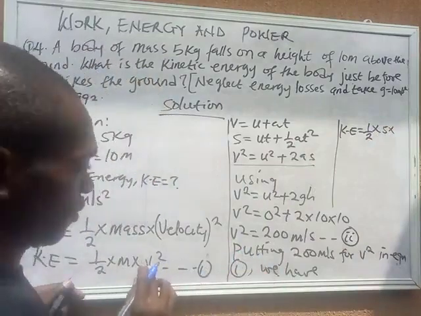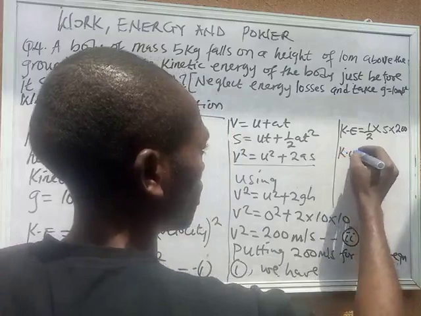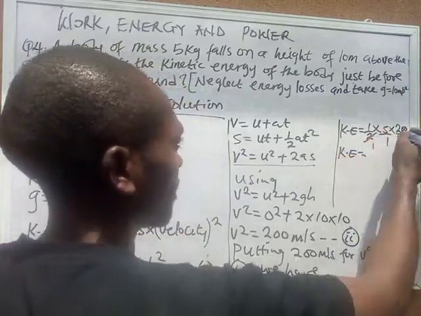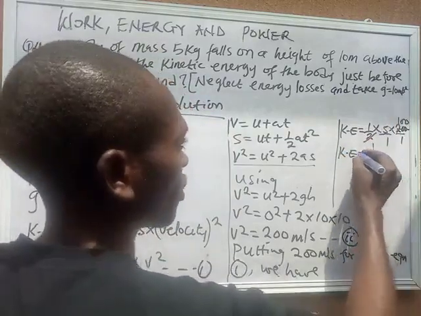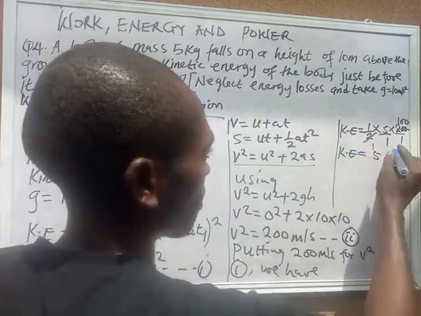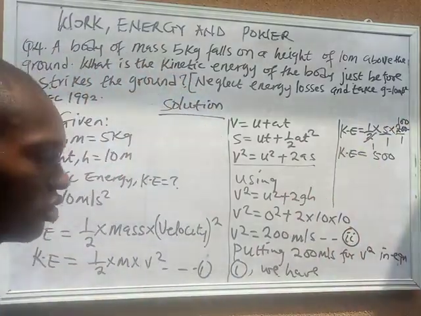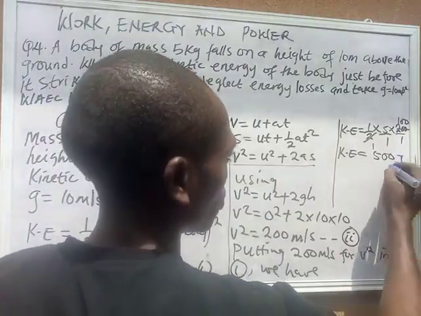So no more writing v squared, we'll just write 200. KE is the same thing as, over 1/1, so 2 into 200 is 100. When we multiply, I'm going to have 500 as our answer, but there's a unit for energy. Energy is measured in joules, so 500 joules.